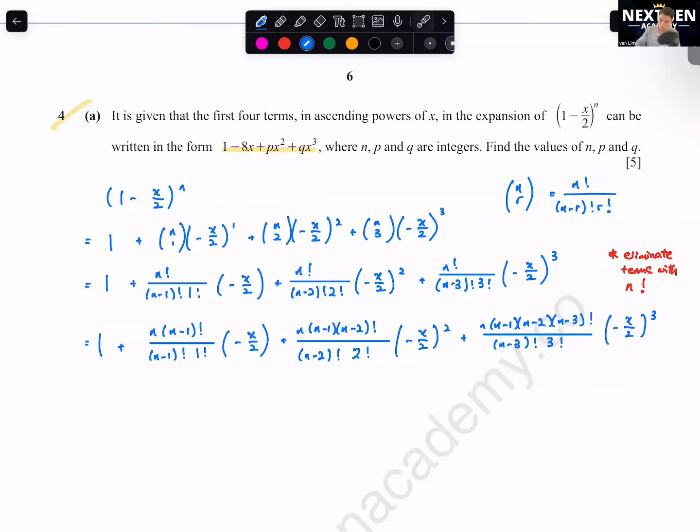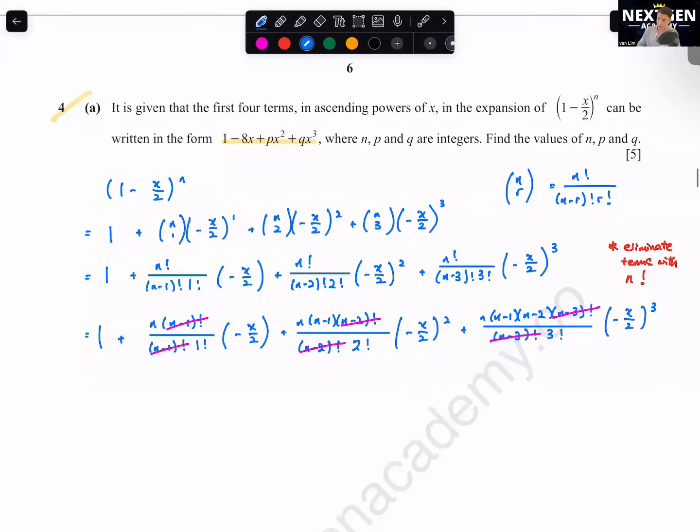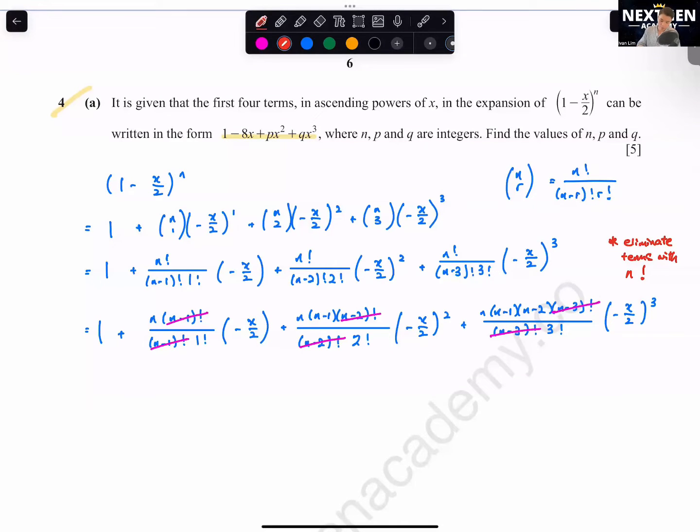So you need to stop until where it matches the other term that you can cancel off. Then over here, I can cancel n minus 1 factorial, n minus 2, n minus 2 factorial, n minus 3, n minus 3 factorial. The rest, all you can calculate that. Okay, later I simplify. So now the next thing I want to do is I want to compare the coefficient.